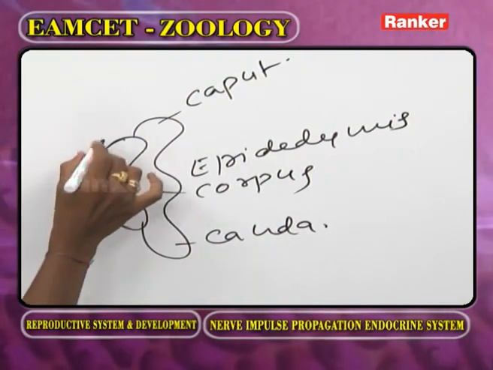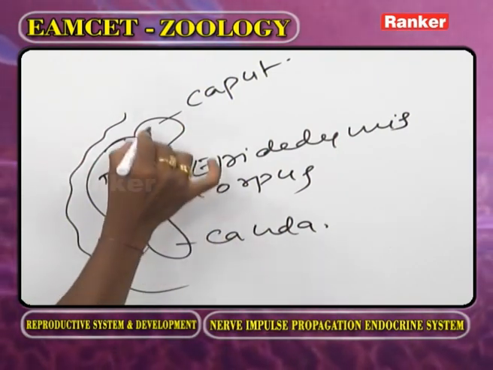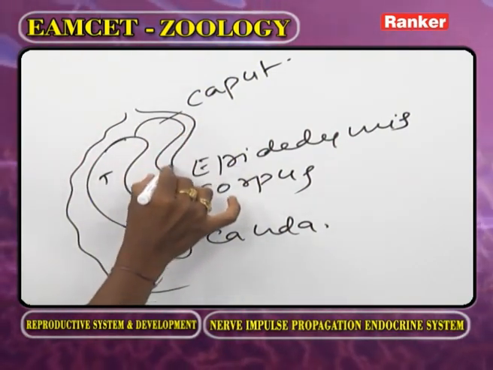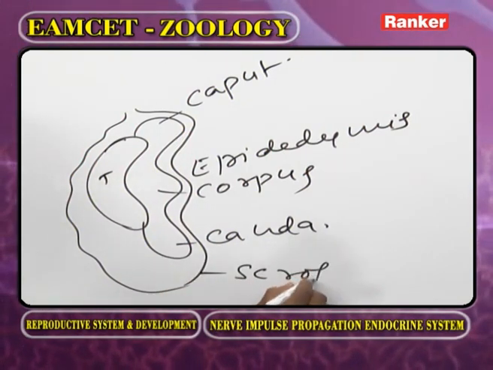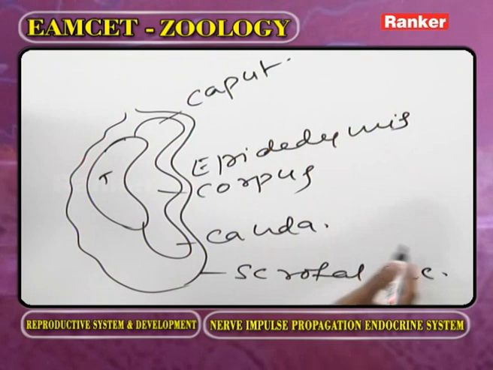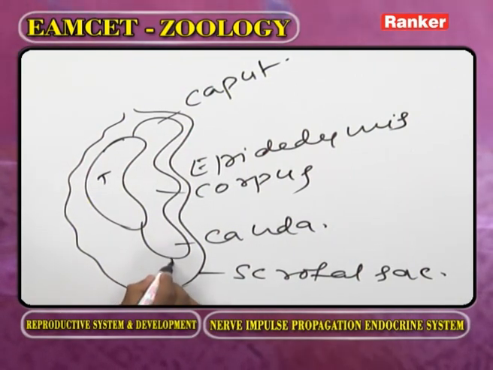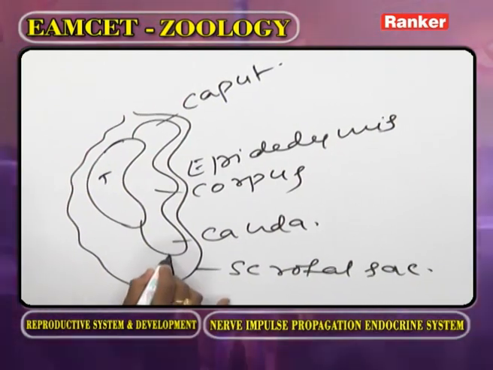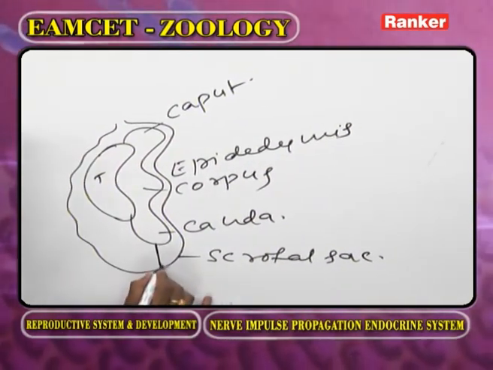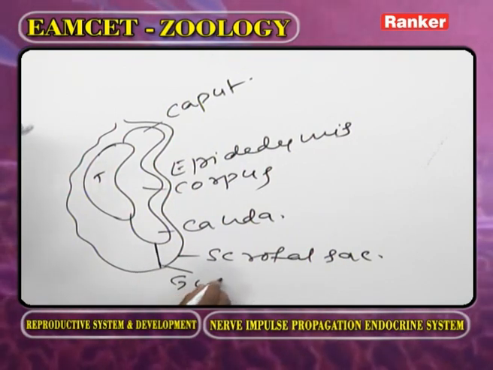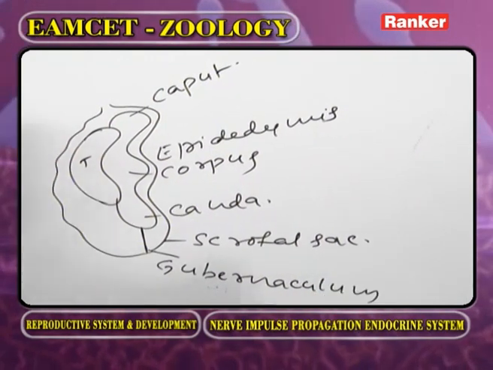Now this entire testis is present in a sac. This one we call the scrotal sac. Now the cauda epididymis is attached to the scrotal sac by a tissue called the gubernaculum.